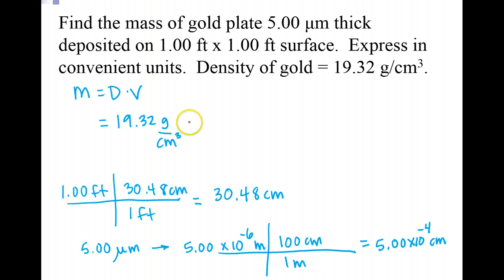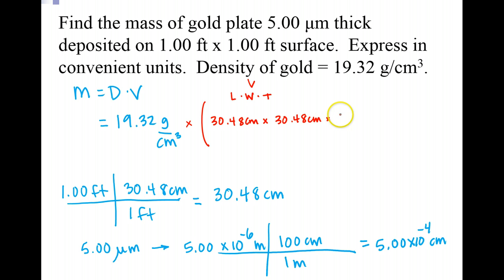I have 19.32 grams per cubic centimeter times, remember, volume is going to be length times width times thickness. So 1 foot I'm going to express as 30.48 centimeters. The width also 30.48 centimeters.